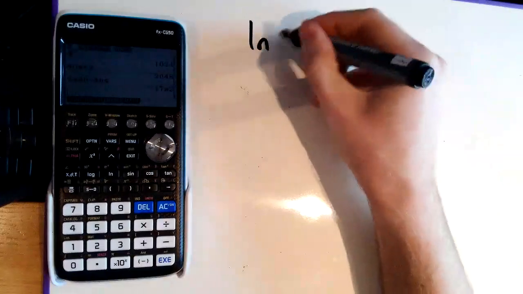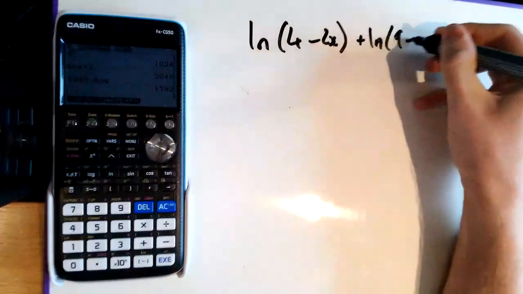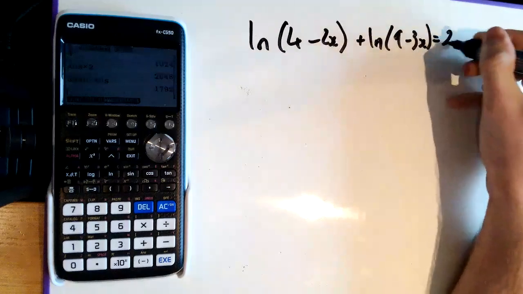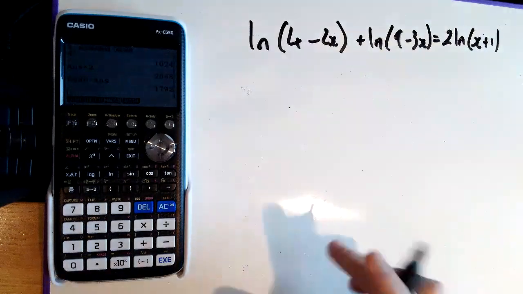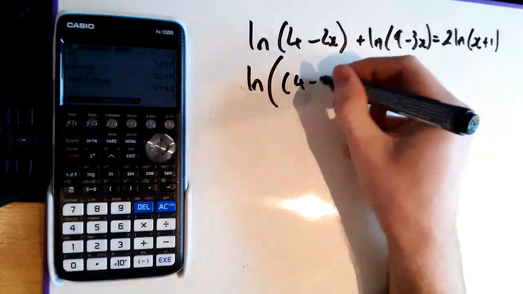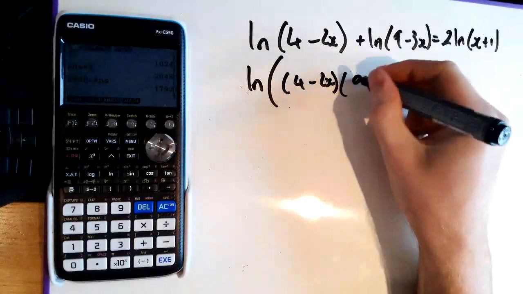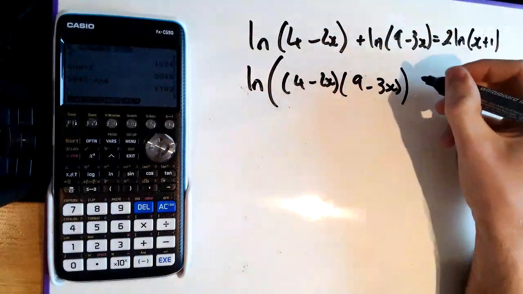Fourth one, we have ln(4 minus 2x) plus ln(9 minus 3x) equals 2 ln(x add 1). Well, we need to get it in terms of one ln on this side, but times. So (4 take away 2x) times (9 take away 3x). When I add two logs, remember, it's times.